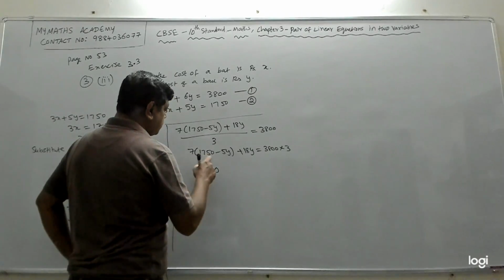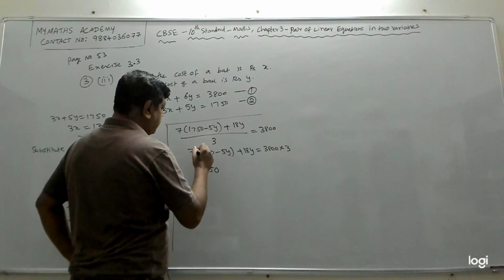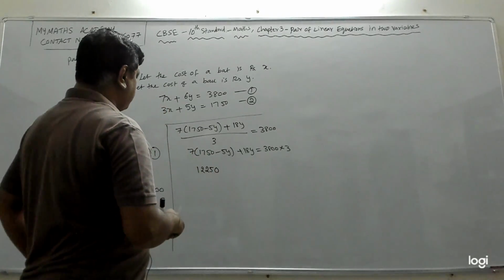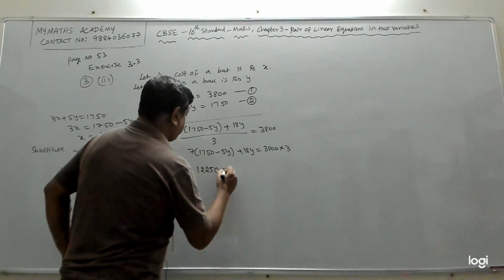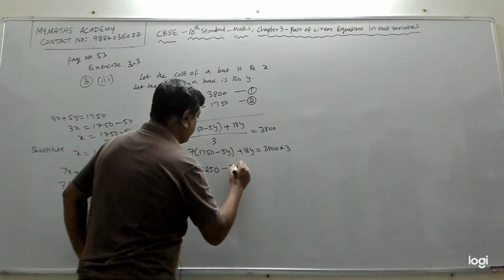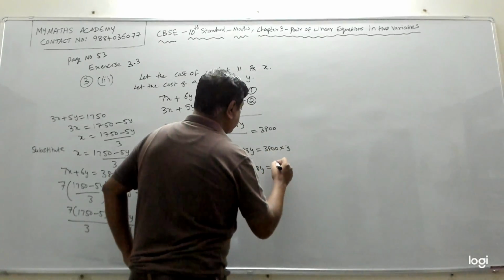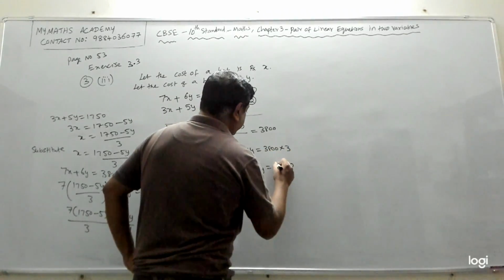7 zeros are 0, 7 5s are 35, 3, 49, 52, carry 5, 12. Fine. 12250 minus 7 5s are 35y plus 18y equal to 3 times 3800 is 0, 0, 24, carry 2, 9, 11.